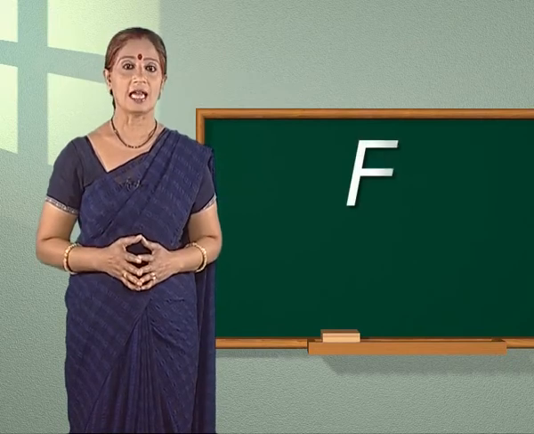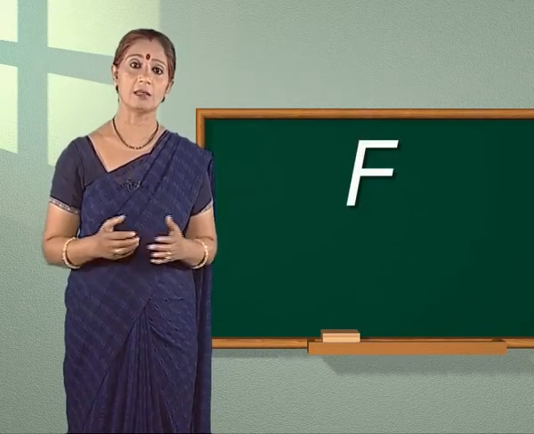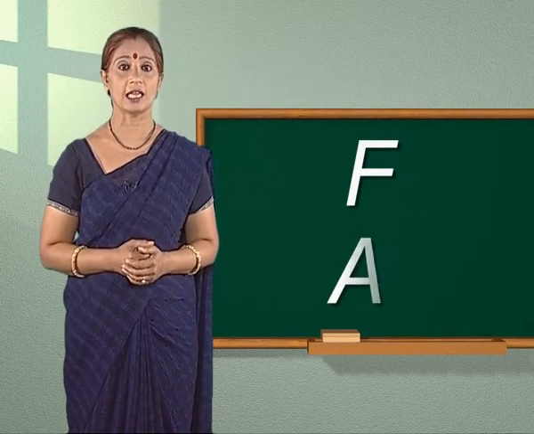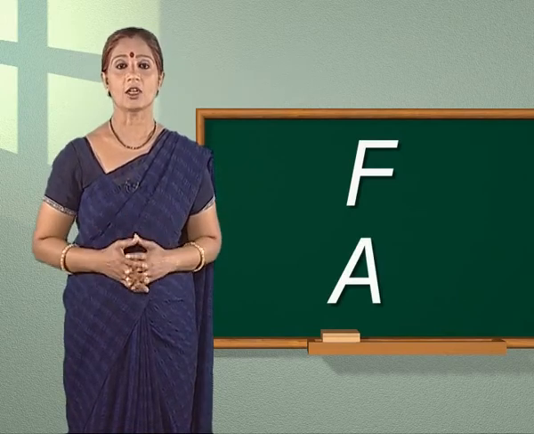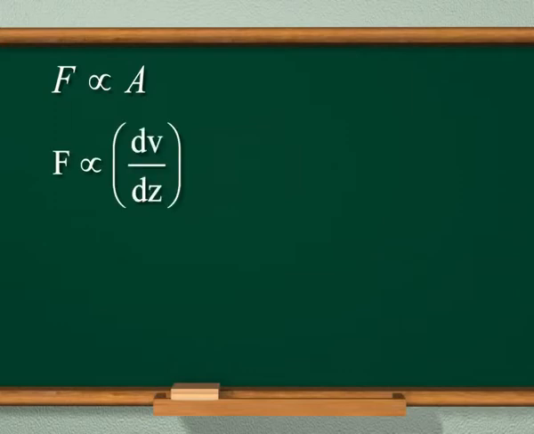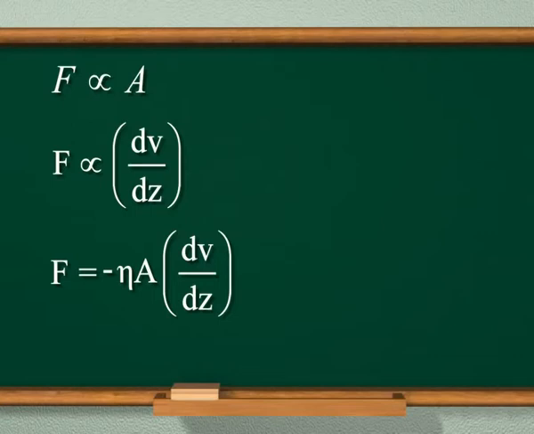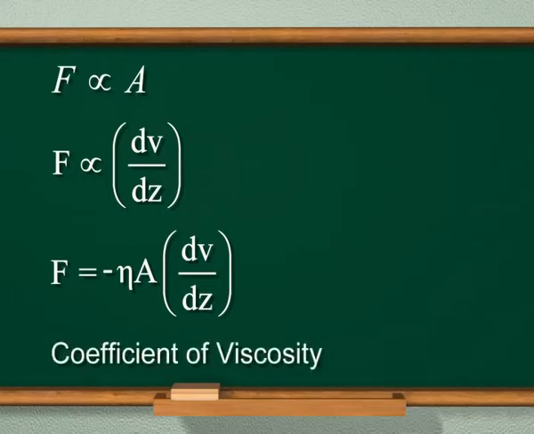Thus, if F is the force exerted by a layer of area A on a layer in contact, then F is proportional to area A as well as proportional to dv by dz, or F is equal to minus eta A into dv by dz, where the constant of proportionality eta is called the coefficient of viscosity.